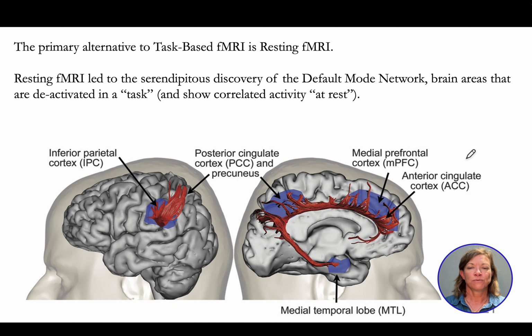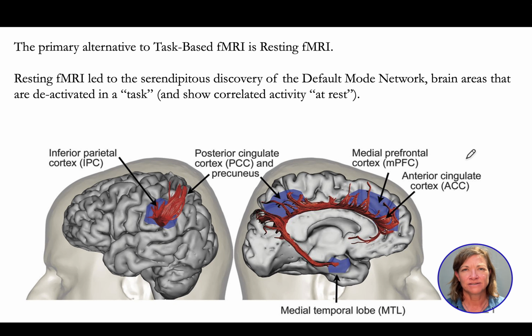Now, this is the reason I put rest in quotes, because of course the brain is never doing nothing. The primary alternative to task-based fMRI is resting fMRI. And in fact, it was functional MRI in a boxcar design like that led to the serendipitous discovery of the default mode network.